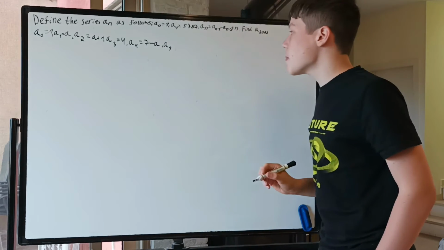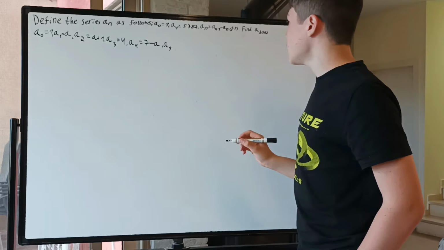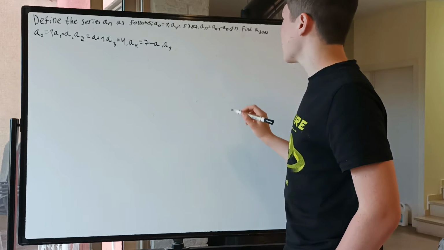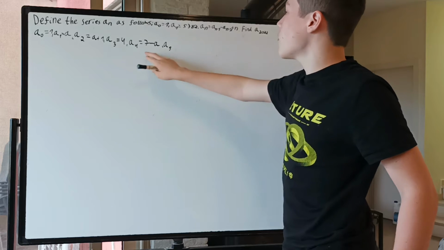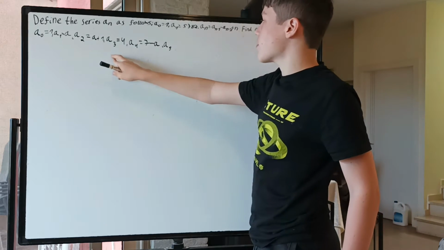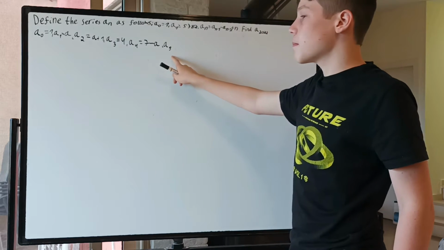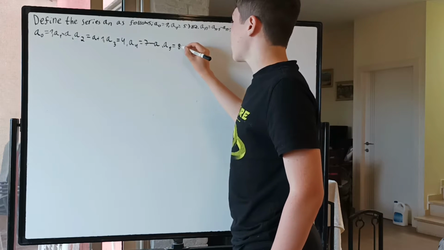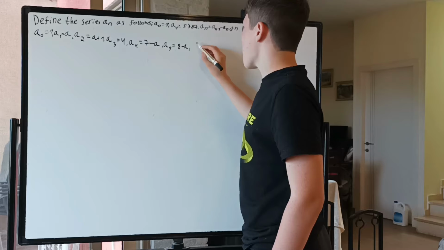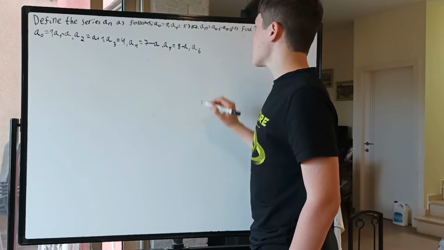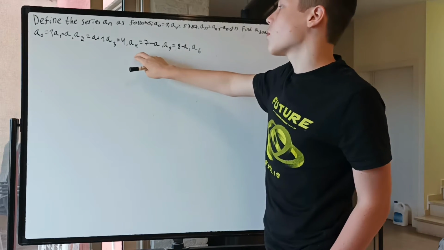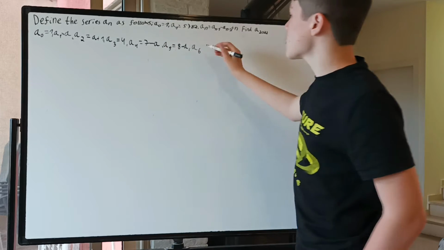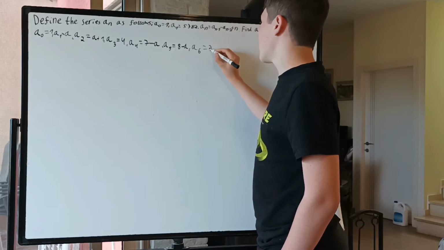Then A_5. A_5 is going to be what? It's A_4 minus A_3, so that's 3 minus A, plus 5, that's 8 minus A. And then A_6 is equal to A_5 minus A_4, which is exactly 1, plus 6, which is 7.